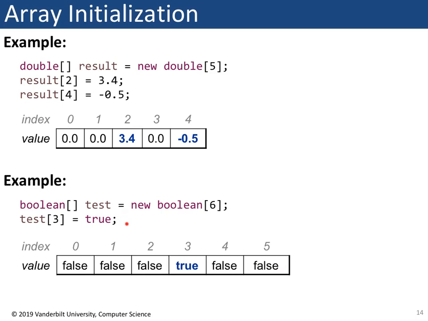Then when we execute the statement following initialization, and we set element 3 of our test array to true, we change the value from false to true in element 3. So again, we can read from it and we can write to it.